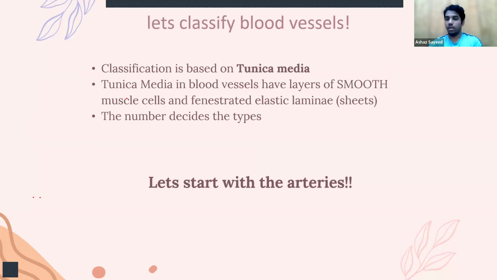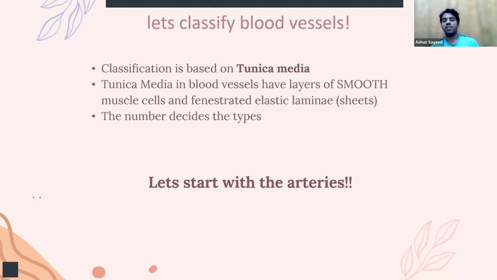So now we'll classify blood vessels. We talked about arteries, veins, and capillaries. Now within arteries, let's classify them based on the tunica media. The classification is based on what the tunica media contains. The tunica media in blood vessels obviously has smooth muscles.